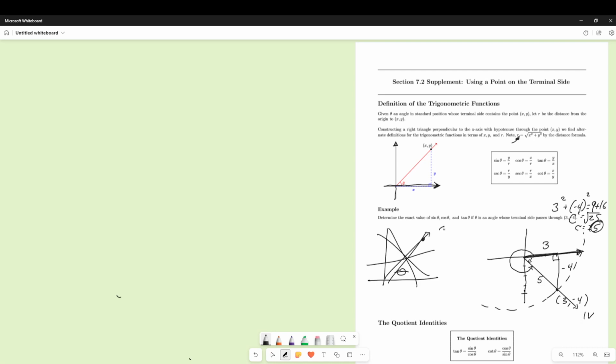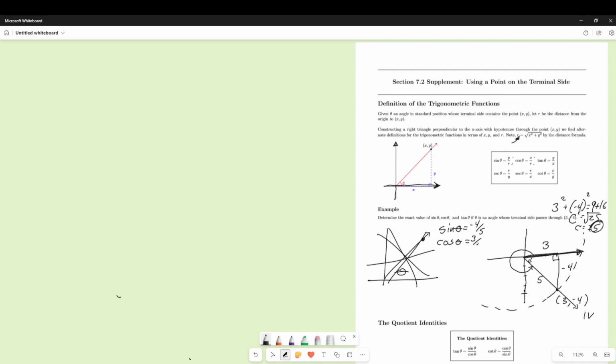So then what's the sine of this angle? Well, it's the y value over the r value. So -4/5. The cosine, the x value over the r value.